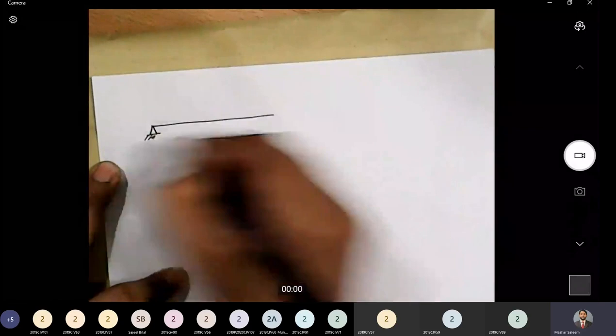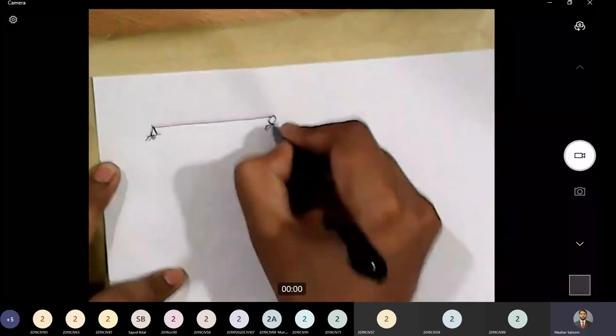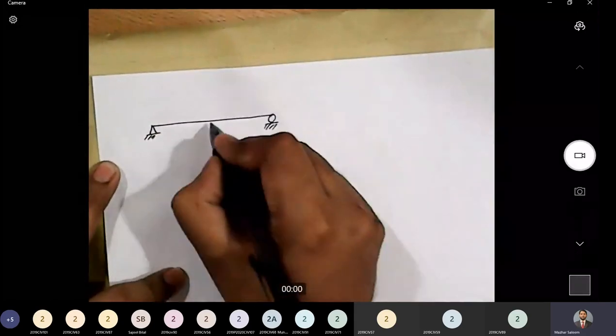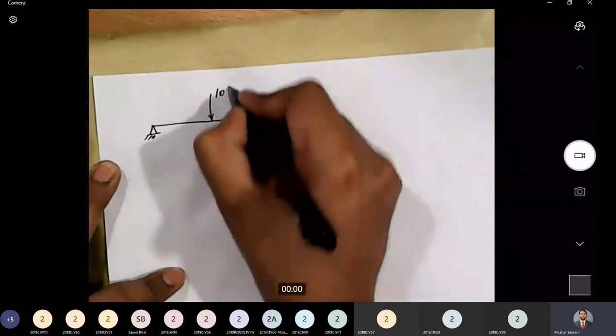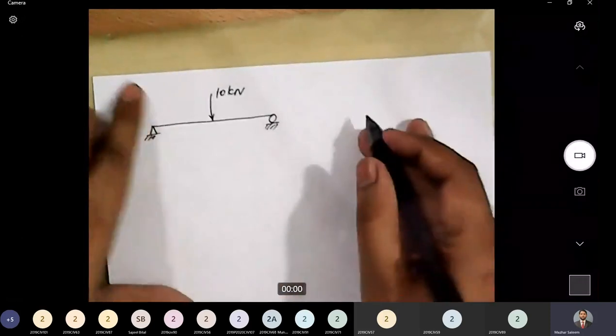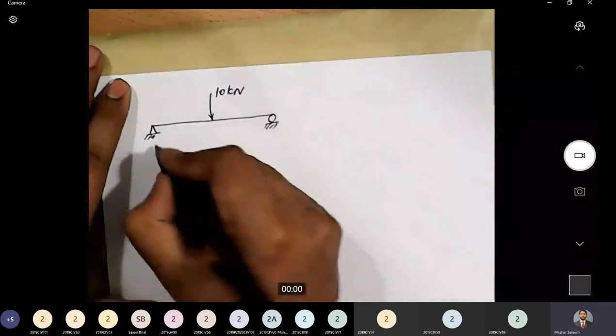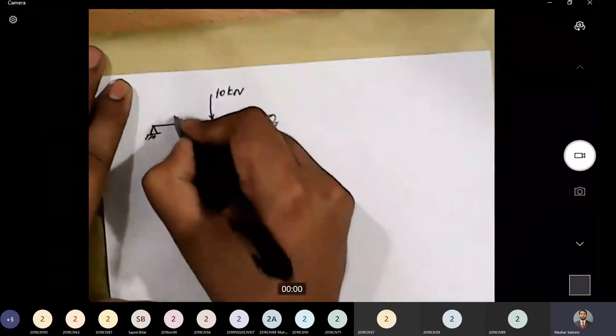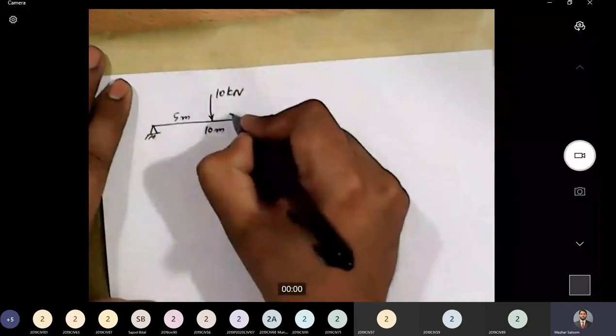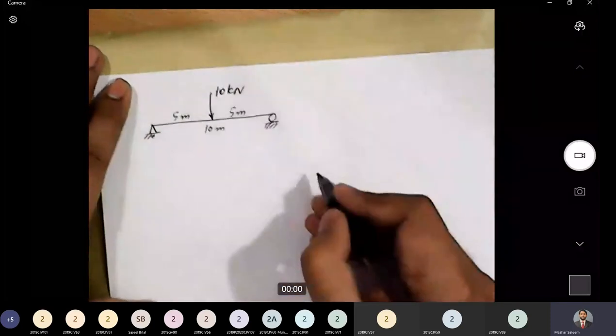This is the beam, a simply supported beam, and a load of 10 kilonewton is acting here. This total span is 10 meters. This distance is 5 meters, and this is also equal to 5 meters.